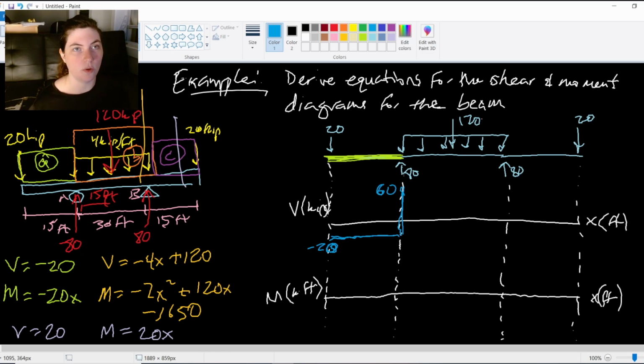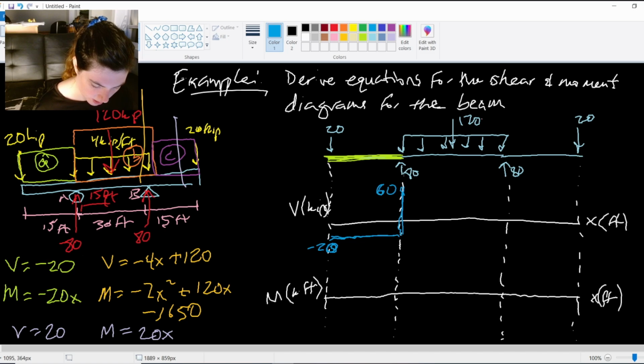And let's see what we're going down to. So my next point is going to be at 45, right? That's the end of that orange B shear region. So if I plug 45 into -4 times 45 plus 120, I get a -60.